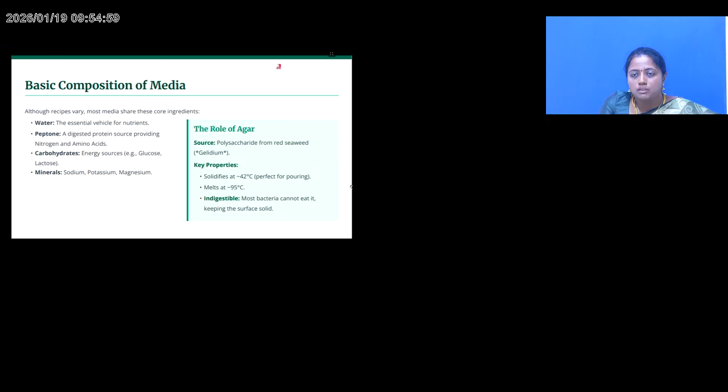Another important component present in the culture media is agar. It doesn't provide any nutritional value to the media, but it acts as a solidifying agent. Agar is a polysaccharide obtained from the red seaweed Gelidium.